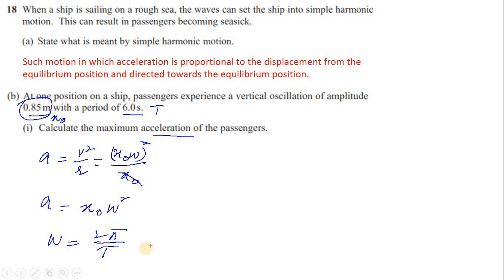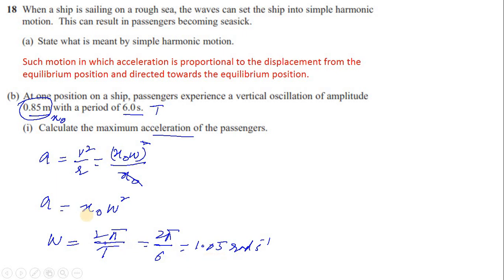So omega is equal to 2 pi divided by T, with T equal to 6, so your answer will be 1.05 radian per second.